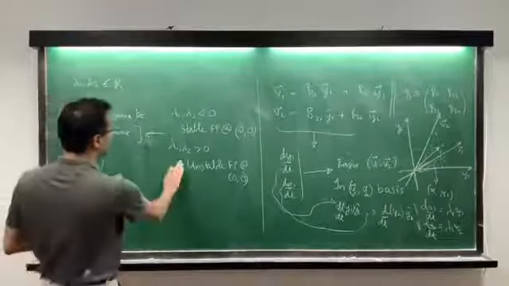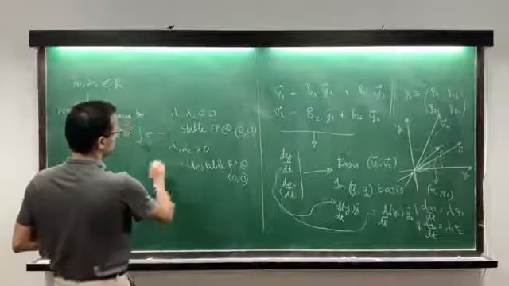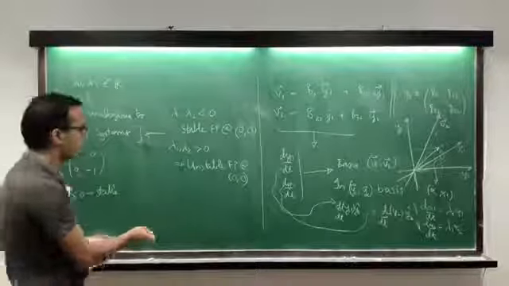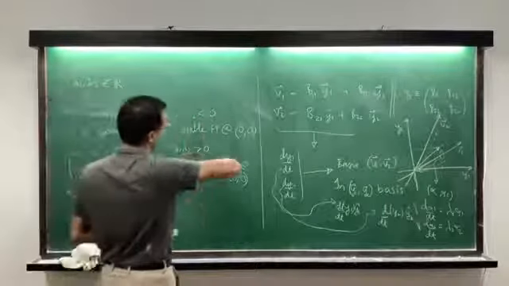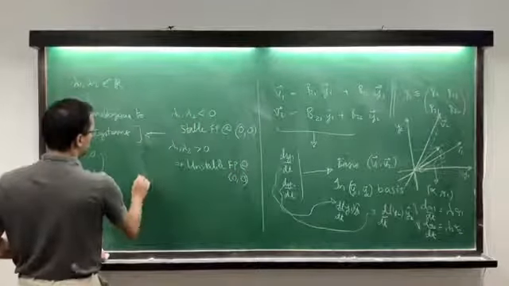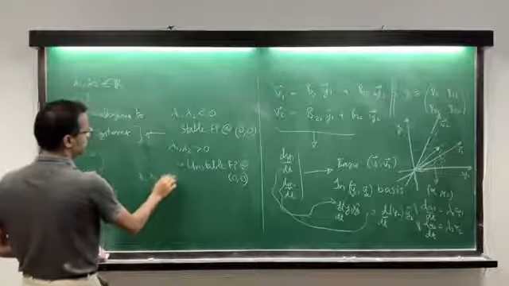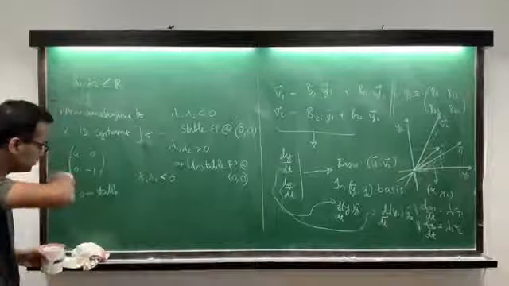Okay, there's only two possibilities I've enumerated. One, both are negative, one, both are positive. What if one is positive, one is negative? So that means the product between the two is less than 0.